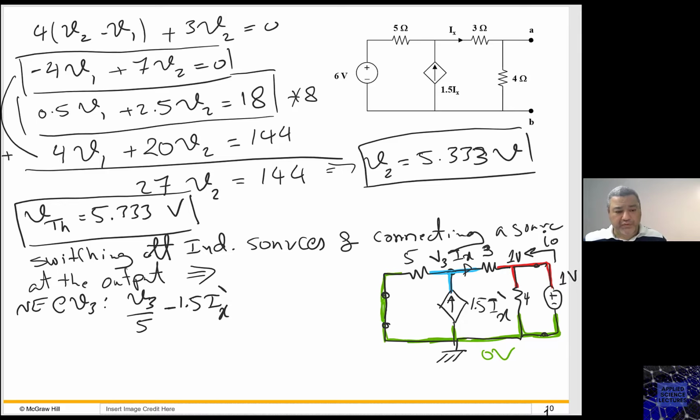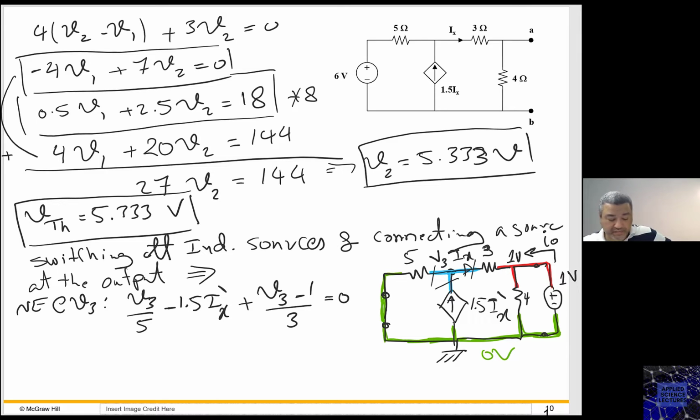That's why I put V3, just to disconnect those variables. So you have a new variable. This Ix prime is different than the Ix in the earlier circuit. And then what else? How many branches do we have? We have 1, 2, and 3. So the third one is V3 minus 1 over 3, and now this equals to 0.